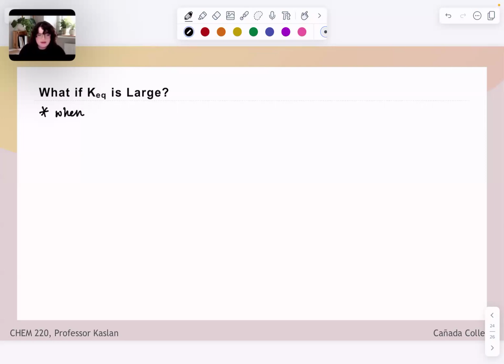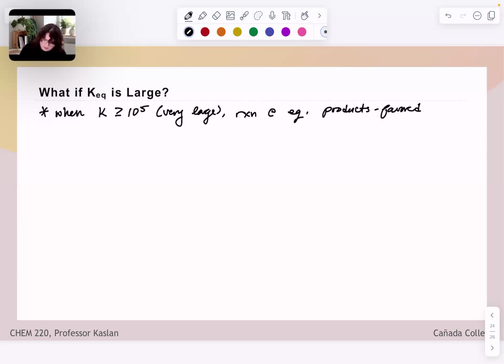So we started this discussion by saying that when K is large, and here we've got much greater than 1, but let's use our 10 to the 5, so very big, we know that this reaction at equilibrium is incredibly products favored, meaning there is an overwhelming, or very, very large, amount of products relative to each reactant at equilibrium.